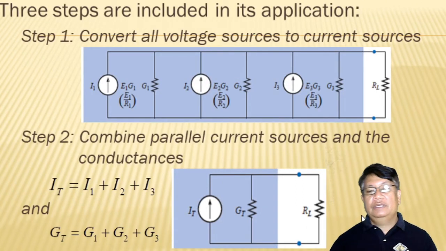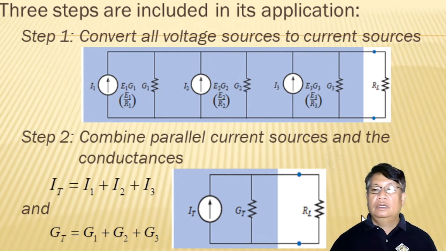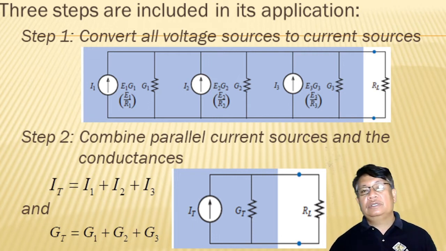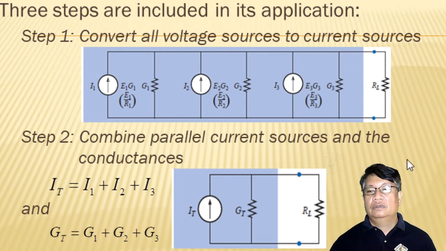So we have these three steps. Step one is convert all voltage sources to current sources. As we know, for current I sub 1, it is the quotient, according to Ohm's law, of E sub 1 divided by R sub 1.